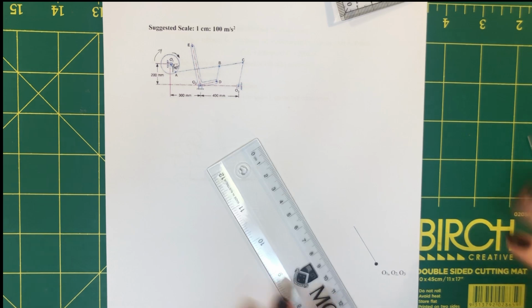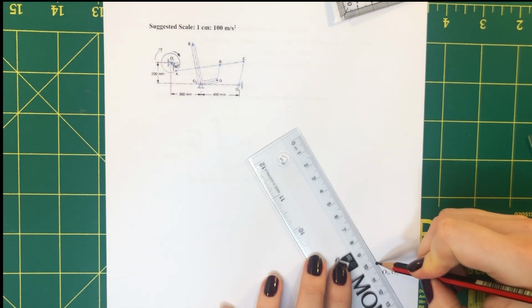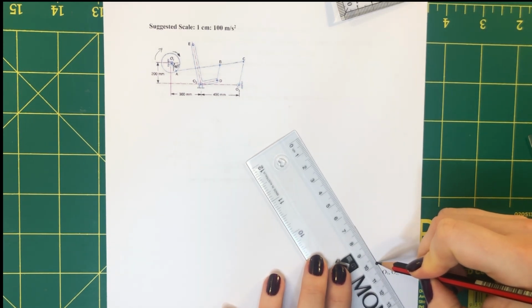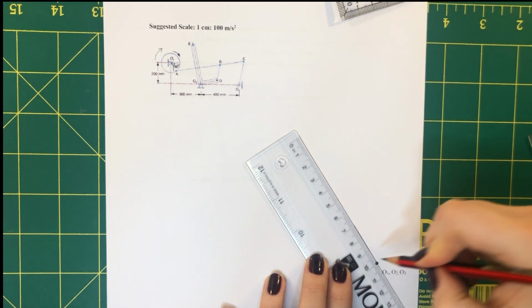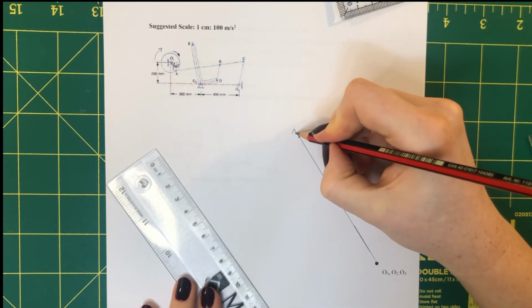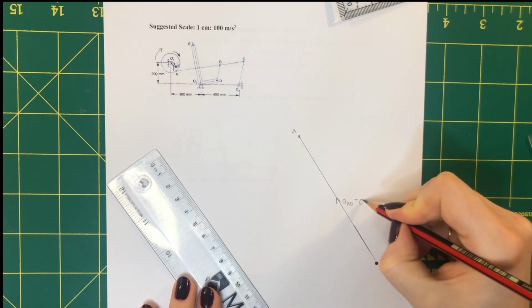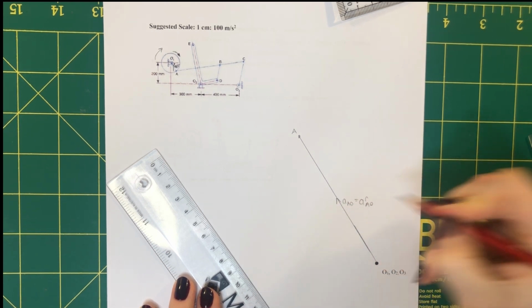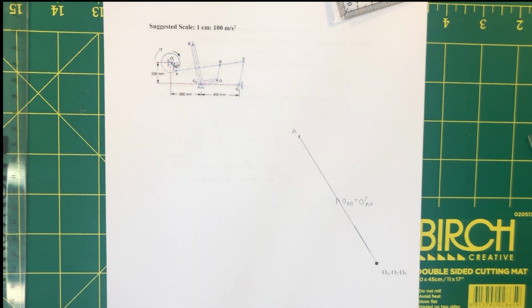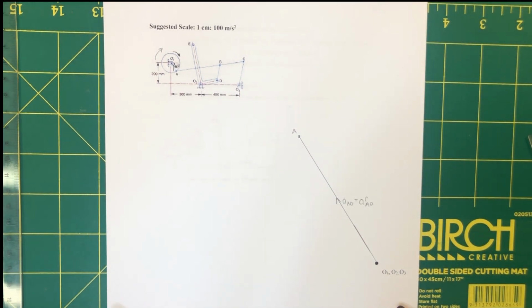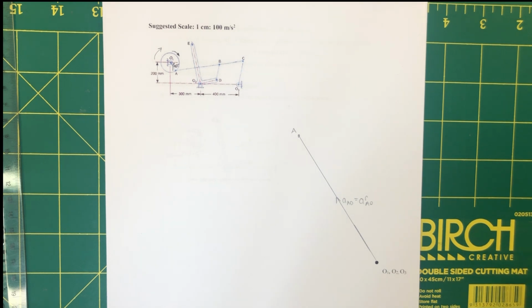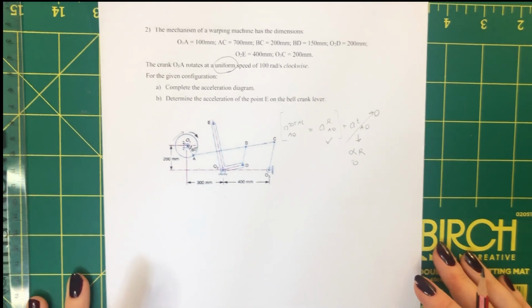I'm now measuring that length, which is 10 centimeters, calculated using the scale. So this is point A, acceleration of AO, which equals the radial acceleration of AO. That's my first point.